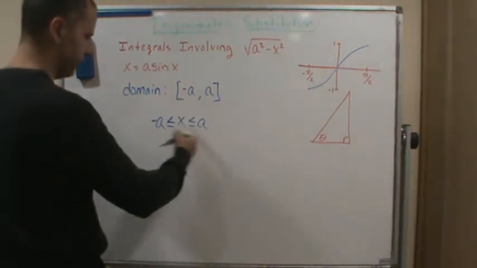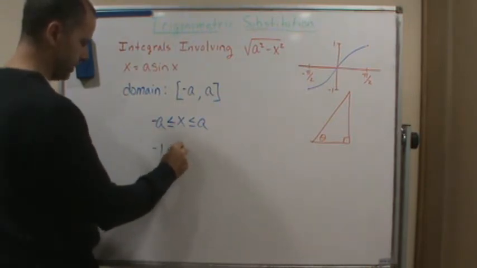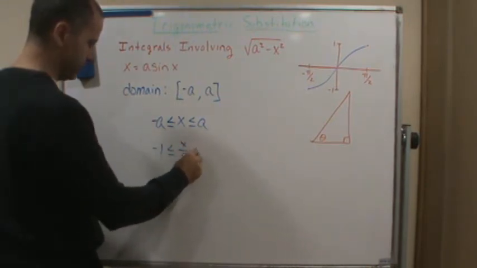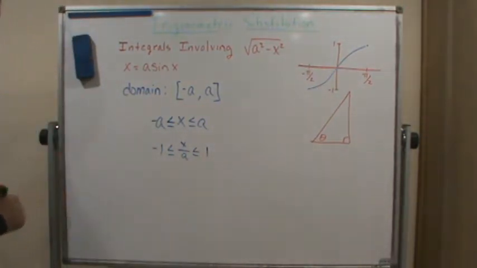Now, if we divide everything by a, then what do we get? We get -1 is less than or equal to x over a, which is less than or equal to +1. Okay, so we get this expression.